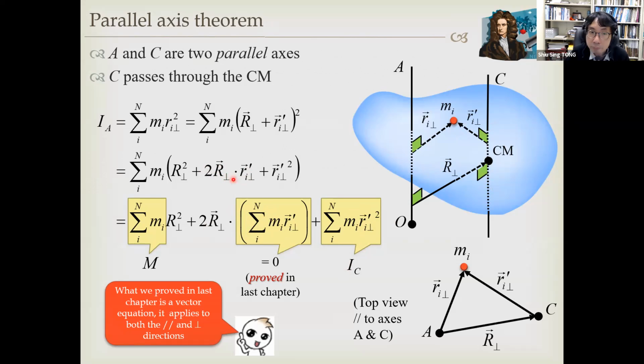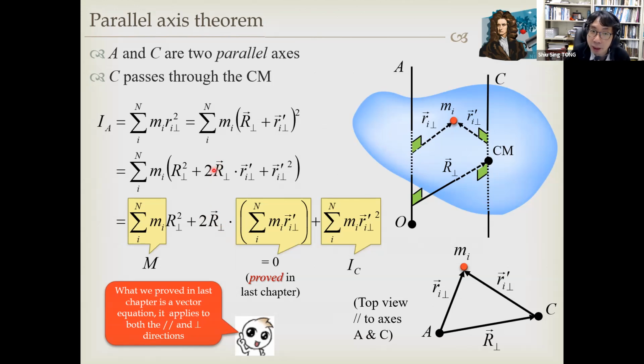Now for the cross term, we have capital R per dot with this Ri per prime, right? And since the capital R is a constant vector, it can be taken out of the summation. We can form a summation of mi Ri per prime first, and then I form a dot product of the sum with the vector capital R per. Is that right?